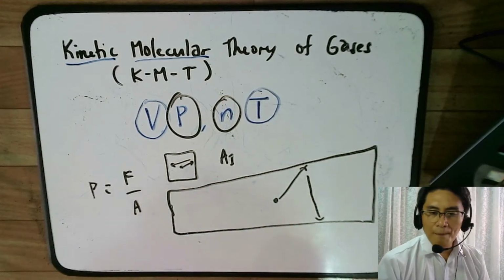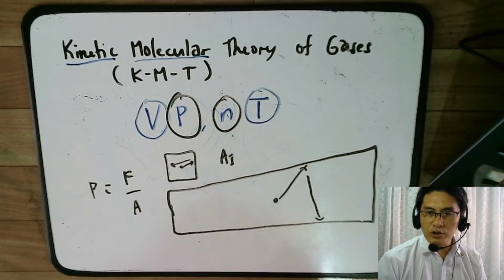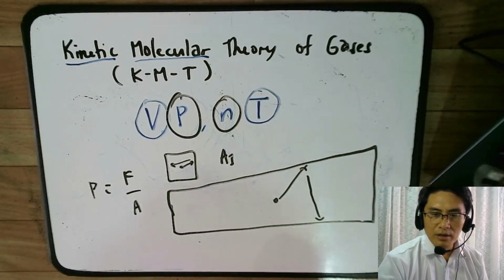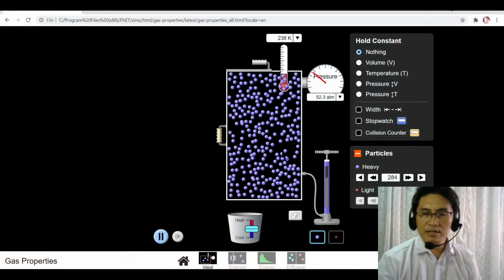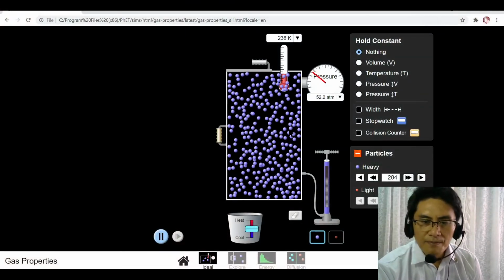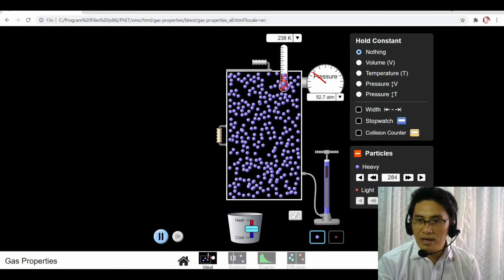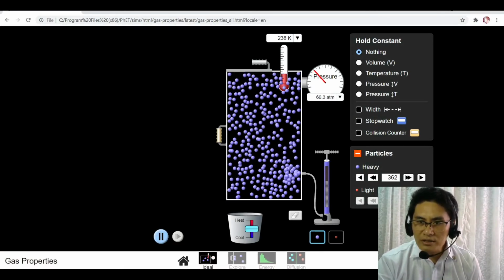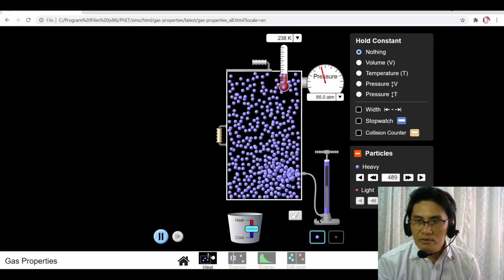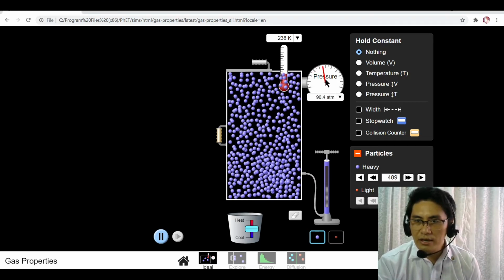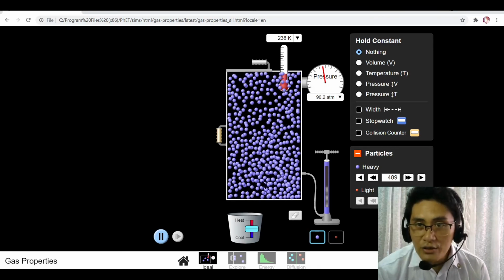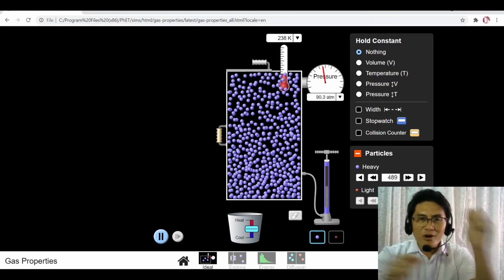Another thing I can show you is, for example, in this case, look at the pressure here. I hope you can see the pressure is reading 52 atm right now. If I add more particles, notice that the pressure increases, because you now have more particles.